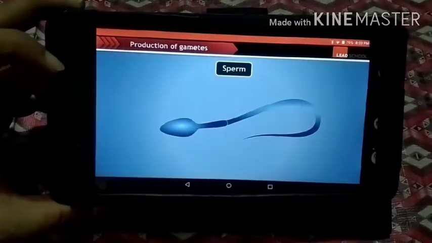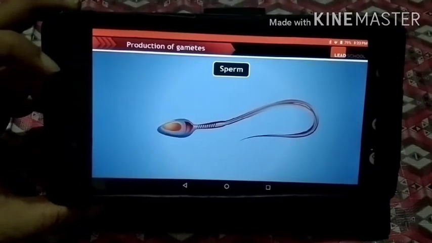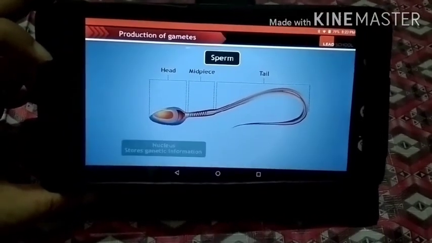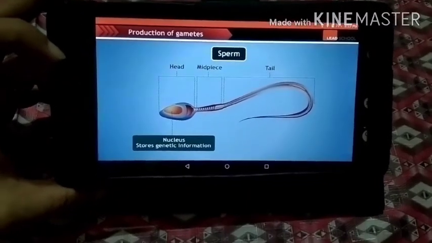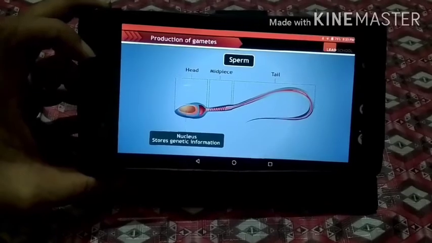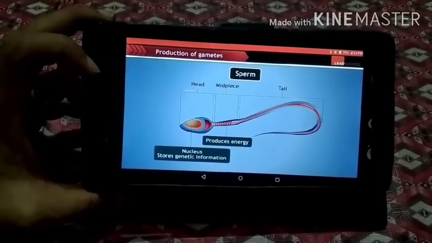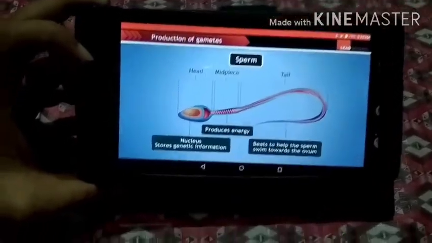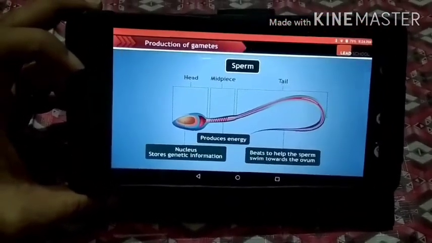The sperm is a highly specialized cell with a head, a tail, and a midpiece. The head contains the nucleus, which stores the genetic information of the father in its chromosomes. The midpiece produces energy, and the tail beats to help the sperm cell swim towards the ovum.